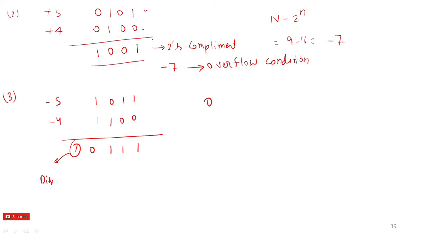So you got 0 1 1 1. What number is this in 2's complement? This is 7, 7 minus 16. Okay. 1 2 4 7 minus 2 to the power 4, 16, equal to minus 9. So this carry you have to discard. Okay, you got minus 9.